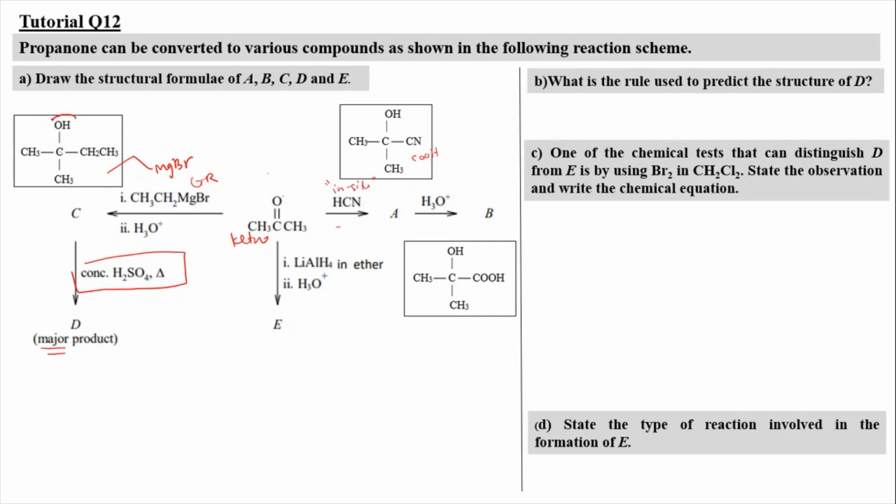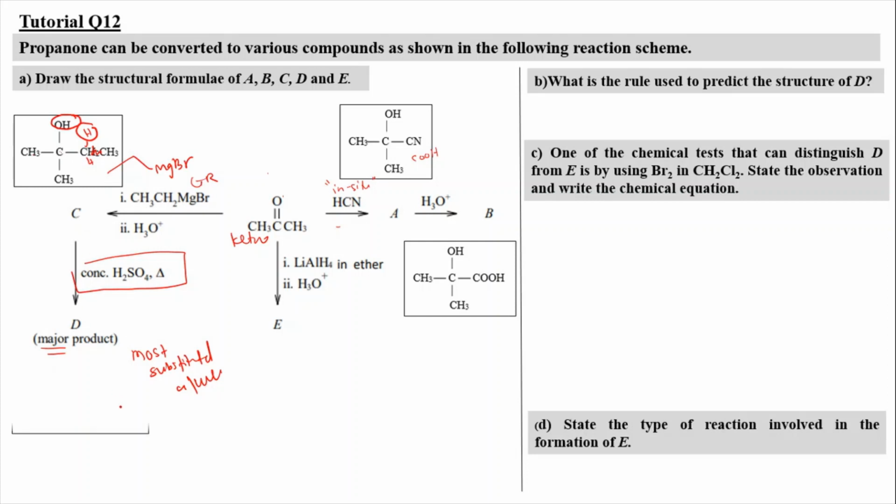So OH, and we can remove H, OH here, OH here. Okay, so in order to produce a major product, we're going to select the most substituted alkene. So OH, and then we're going to remove H from here in order to make a double bond here.